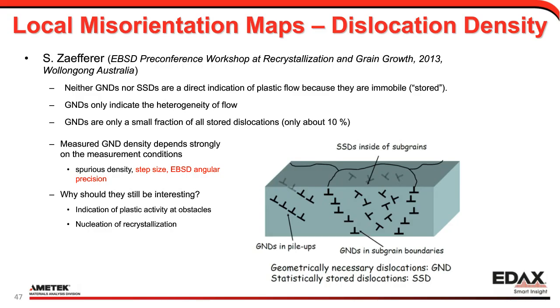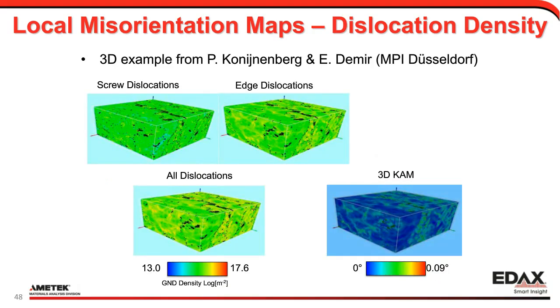And they are obviously areas of high dislocation, areas of, say, nucleation for recrystallization, or potentially corrosion or other things. So they are important and do give us lots of information, even if quantitatively we may not be exact. Just as an example, here's some 3D results from Stefan's group showing dislocations of different kinds within a block of material.